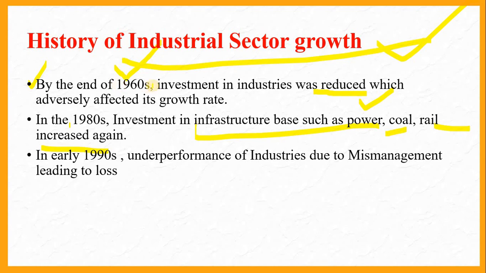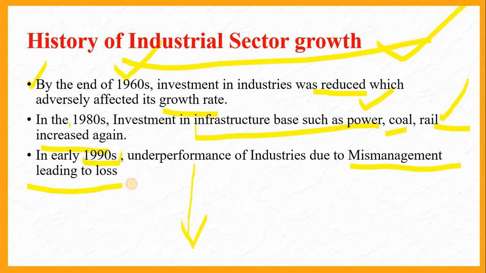So in the 60s to 70s till the 80s we actually suffered in the industrial sector, growth rate reduced. In the 80s investment again started increasing, where in infrastructure government started building more and more railway tracks and more rail engines, etc. Till the 1990s industry again started reducing in its performance because of mismanagement.